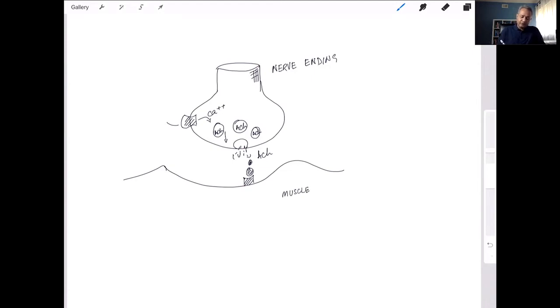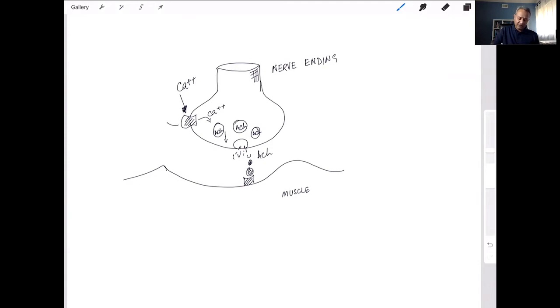Now imagine if you block this calcium channel. If this calcium channel is blocked, do you think the acetylcholine release will be normal? No. And this is exactly what happens.